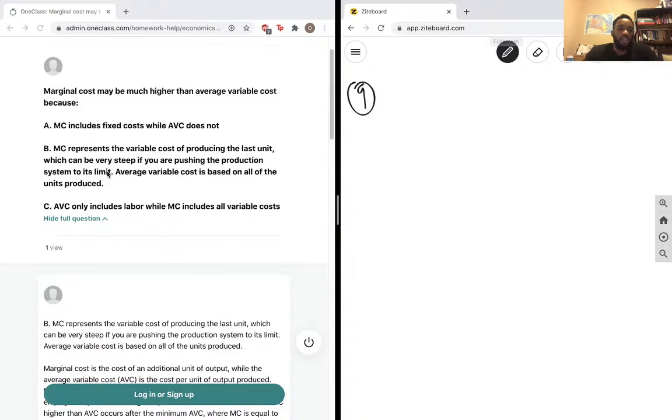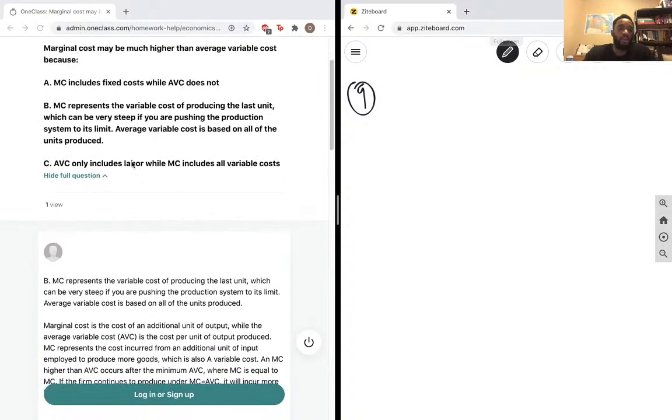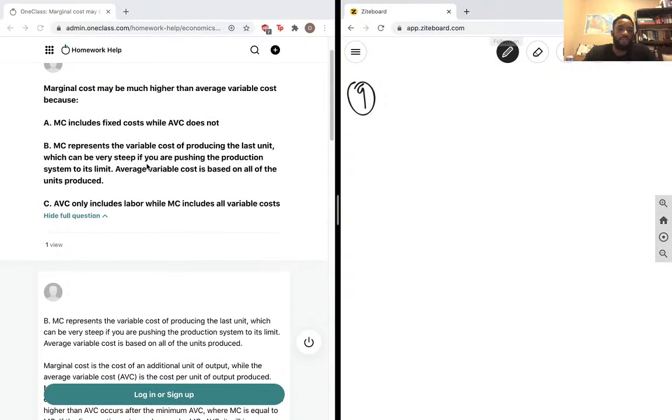I do agree B is the correct answer because actually A could also be correct because fixed costs are included in marginal costs and variable costs are not included. But B is just a more complete answer because if you're really pushing production, then the change in marginal cost could be significantly higher than all the other costs.